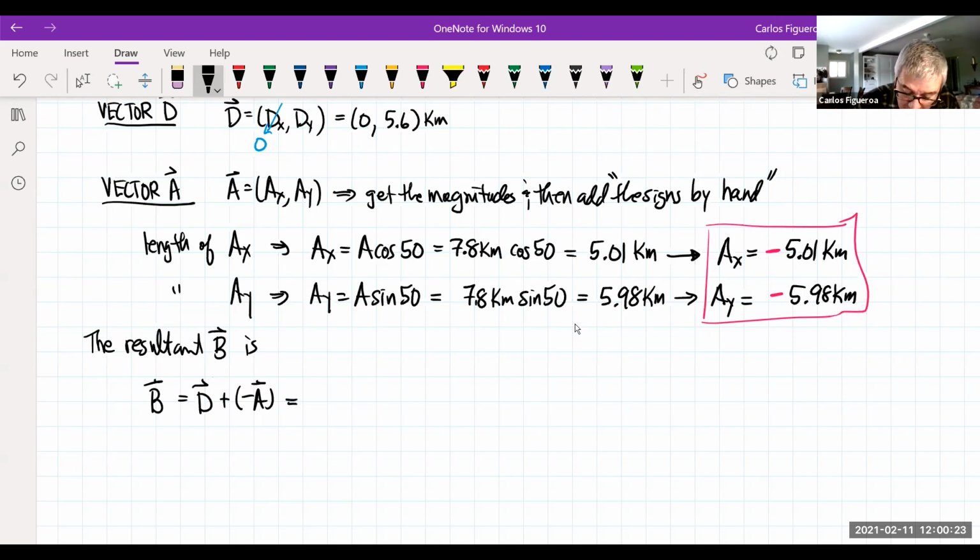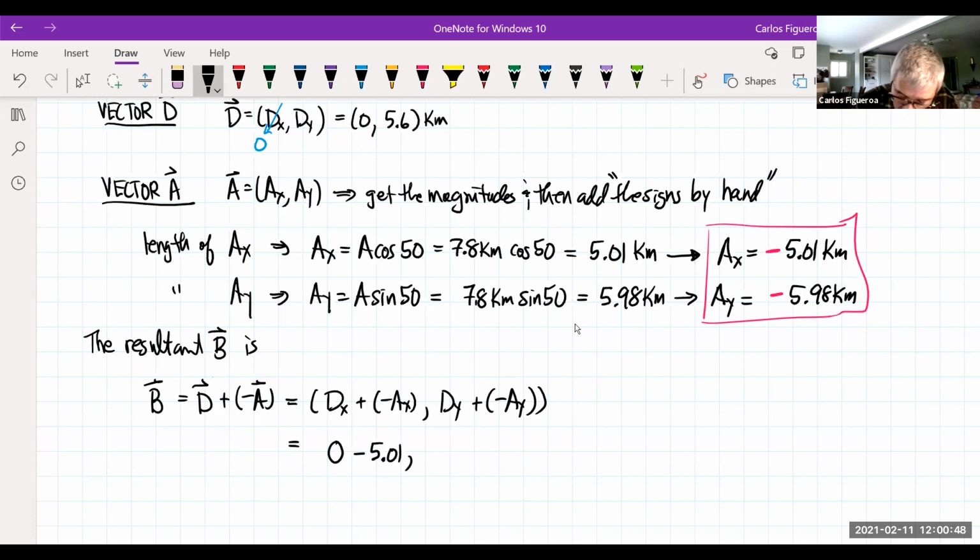So D is then going to be dx plus minus AX, dy plus minus AY. So here I go. I know that D has 0 minus X, which is then going to be minus 5.01.